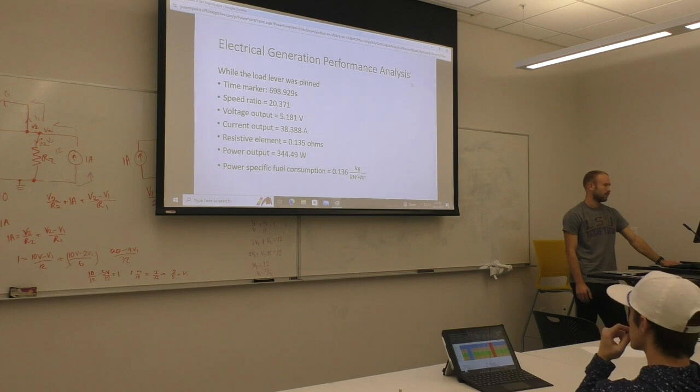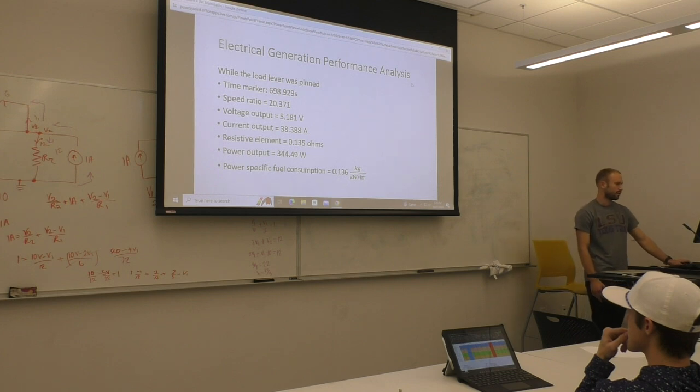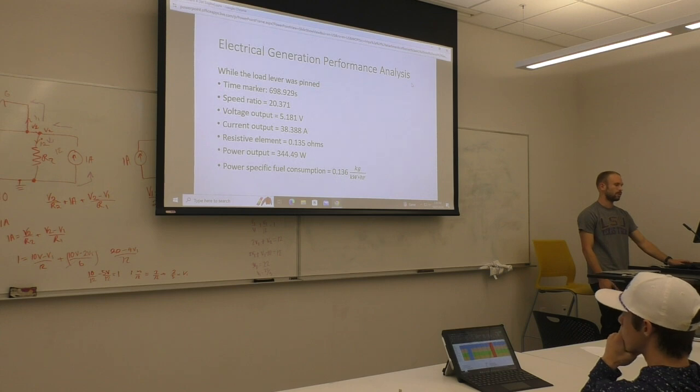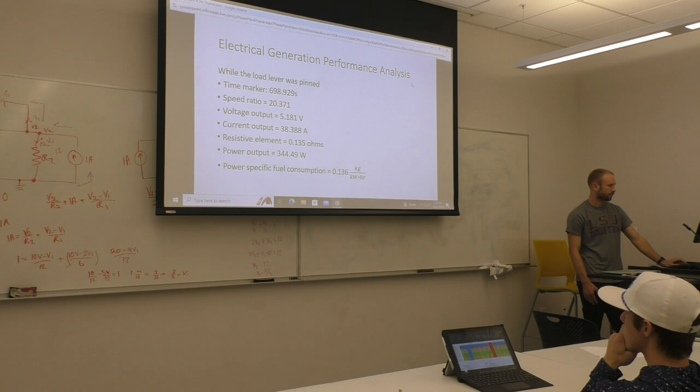The voltage output for the generator was 5.18 volts, with the current being 38.3 amps. Using those, we calculated the resistive element to be 0.135 ohms. The power output was 344.5 watts, and the power specific fuel consumption was 0.136 kilograms per kilowatt hour.